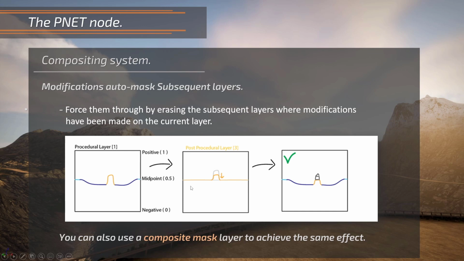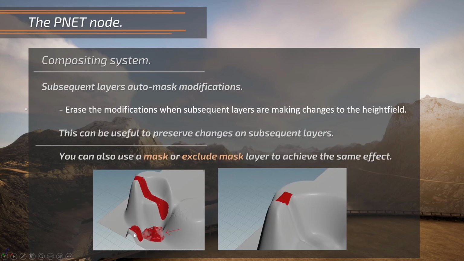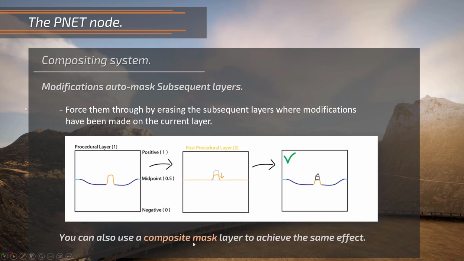If we have a subsequent layer making some form of changes and we don't want that to be on top of our procedural changes, like let's say we have some hand sculpting somewhere and we want to push a road through some area, we can either use a composite mask on the area and then override that manual sculpting, or we can just tell it to remove any manual sculpting altogether, as long as there is a change by a modification we've made.